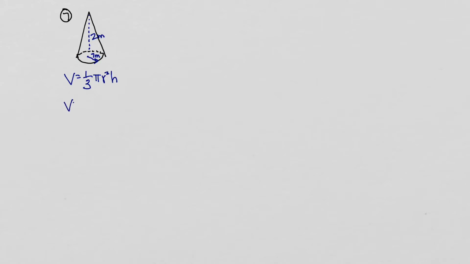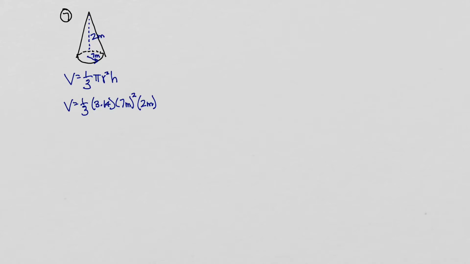So we're going to have that the volume is 1/3 times 3.14 times the radius squared, 7 meters squared, times the height, 2 meters. All right, now I just did this on the calculator.